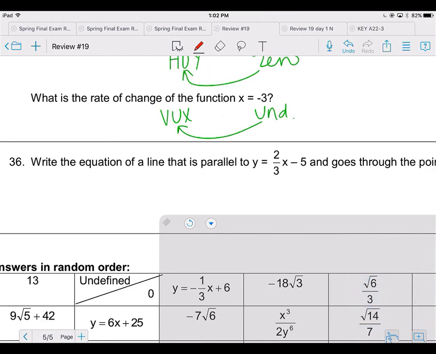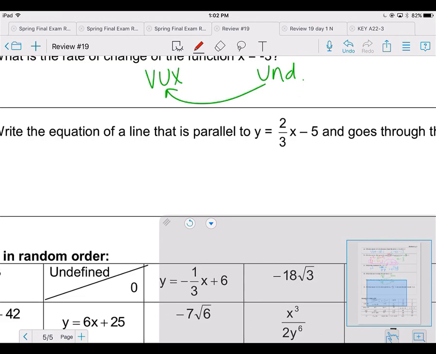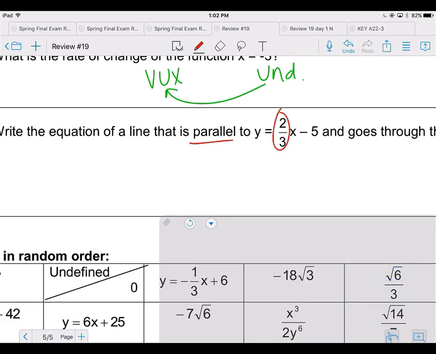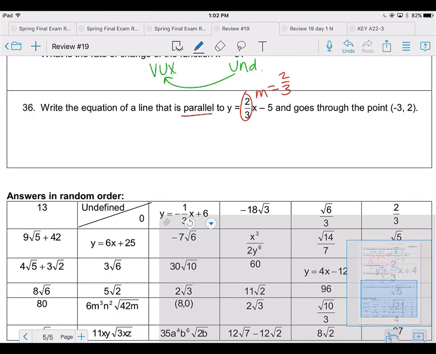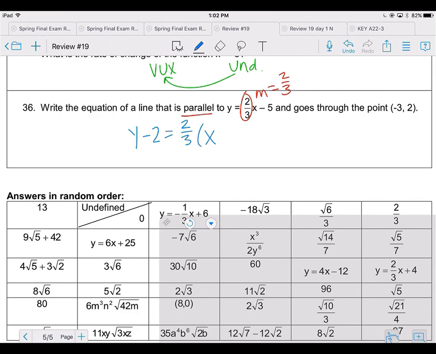And the equation of a line that is parallel to 2/3 x minus 5 and goes through the point -3, 2. Parallel means it's going to keep the same slope, so my m is still going to be 2/3. I'm going to plug into point slope, so y minus 2 equals my slope times x plus 3. Again, remember your signs change when you plug in.